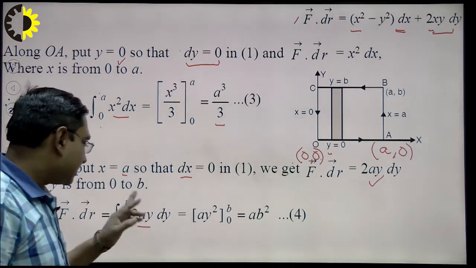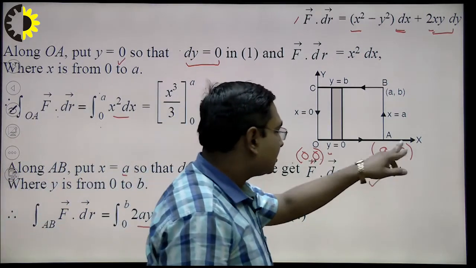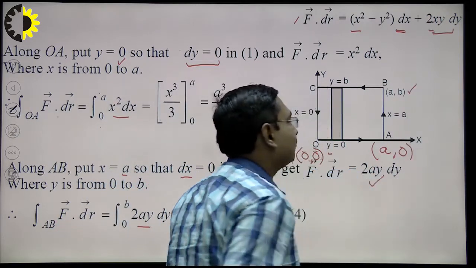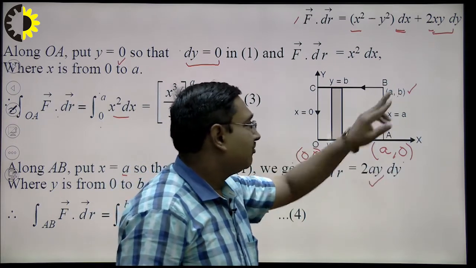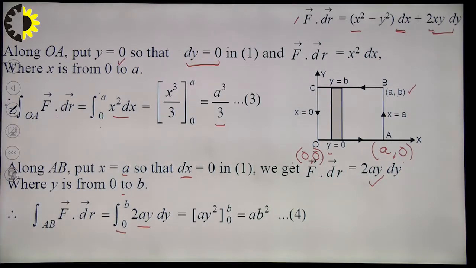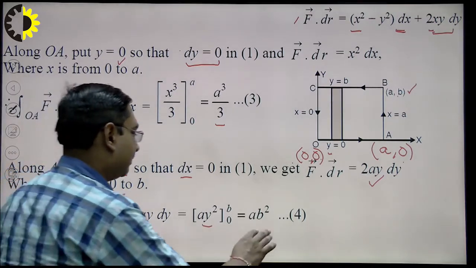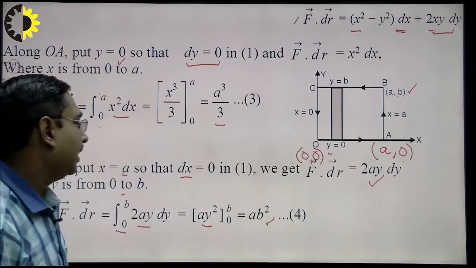Now, this is in terms of y, so I am required to apply limits of y. The coordinates of this point are (a, 0) and of this point are (a, b). So the value of y varies from 0 to b. Integrating gives ay², and applying these limits it becomes ab², which is the value of the integral along AB.